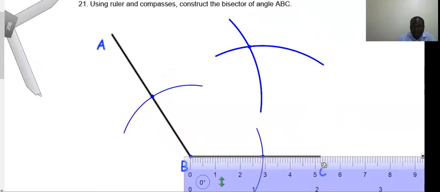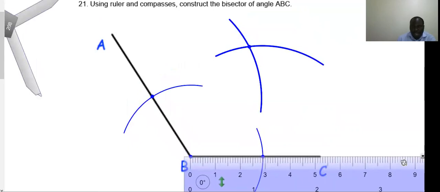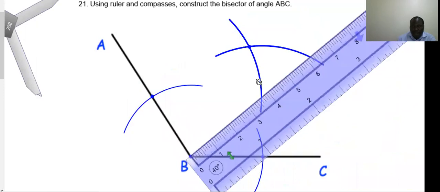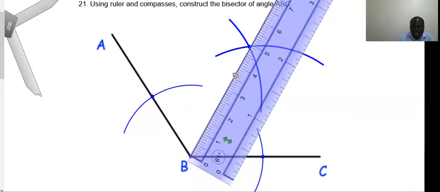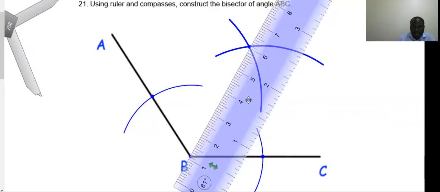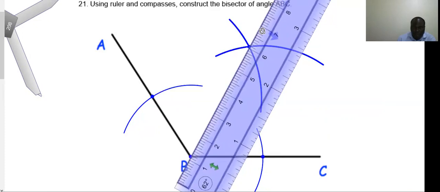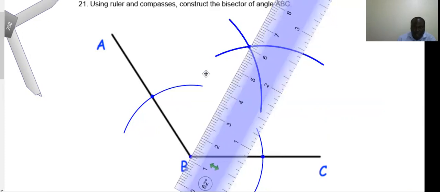After putting it here, turn your ruler in such a way that they will make a straight line. Can you see that? The ruler should be helping you to draw a line from this point to that point. Now you take your pencil, draw a line from here to there.